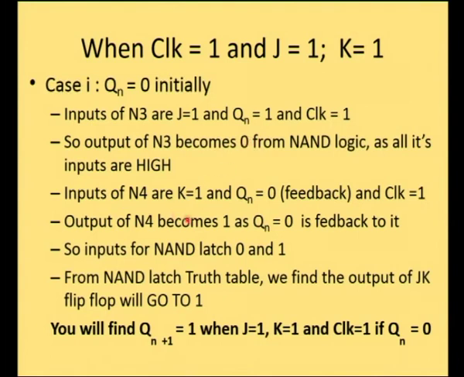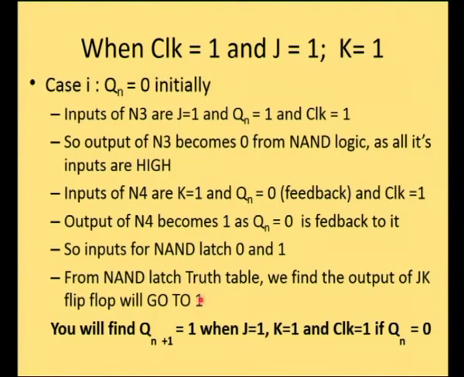For N4, you have K equal to 1 and Q, the feedback is 0, and hence the output of N4 has to become 1. So, the inputs of NAND latch are 0 and 1. From the NAND latch truth table, we will find that the output of JK flip flop will go to 1. From where? From 0, it rises to become 1.